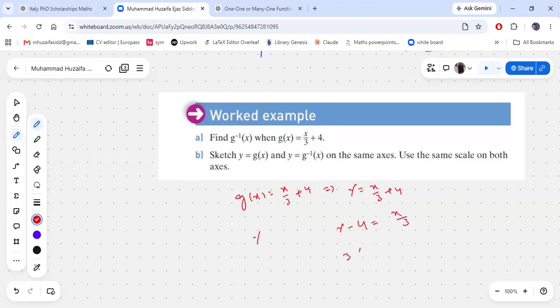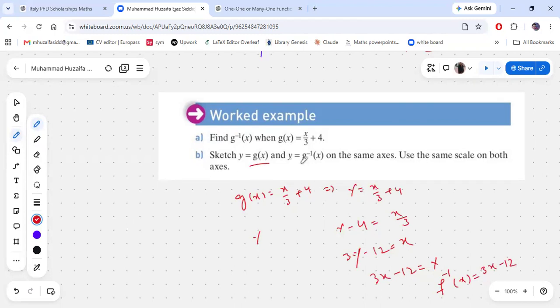So 3y minus 12 is equal to x. Replacing x with y and y with x, 3x minus 12 is equal to y. So our inverse function is f inverse of x equals 3x minus 12.